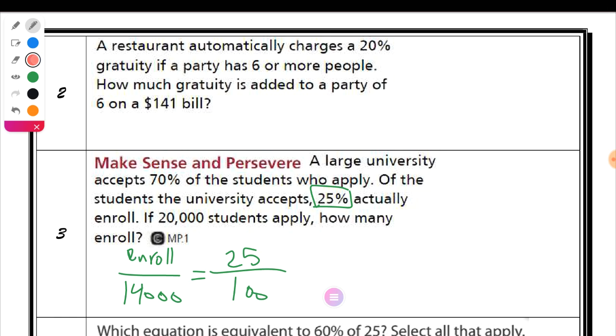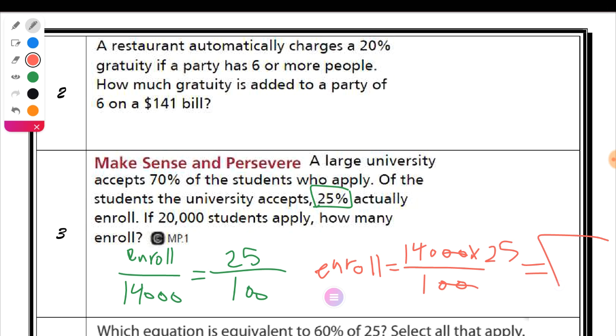Let's calculate the enrolled: equal, down 100, up 14,000 multiply 25. Okay, 2 zeros. Then 25 times 140 is found by calculation. You will find the number of students who enrolled. I think it's 3,500, something like this. Okay, calculate it.